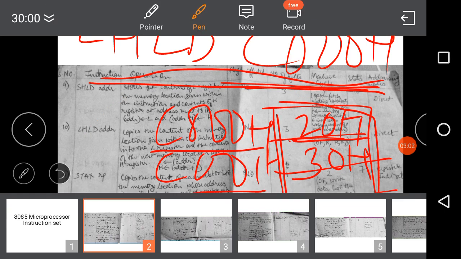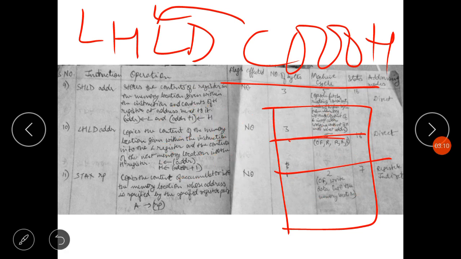Next, how many machine cycles are used for the execution of this instruction? Again I am taking an example. Let us suppose this is a memory location, and let the starting address of the memory location be 8000H.